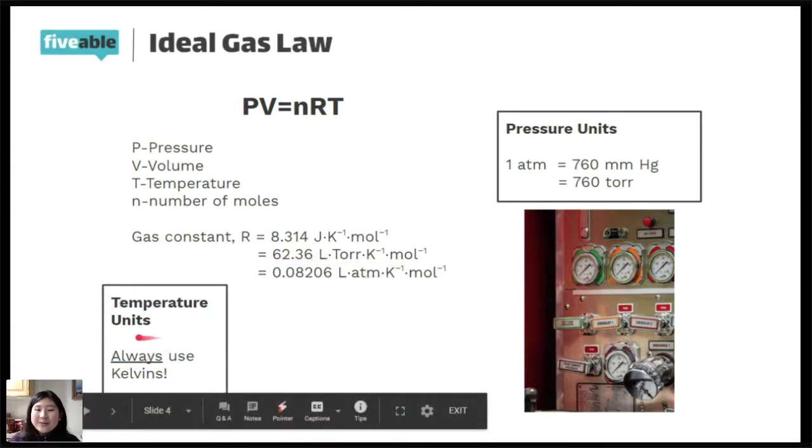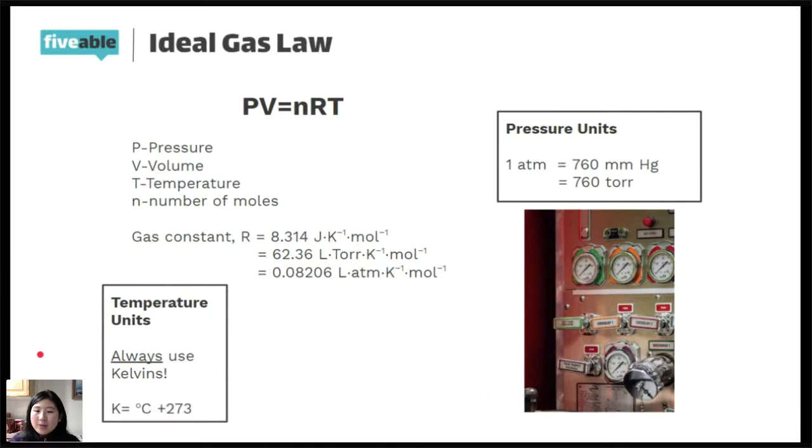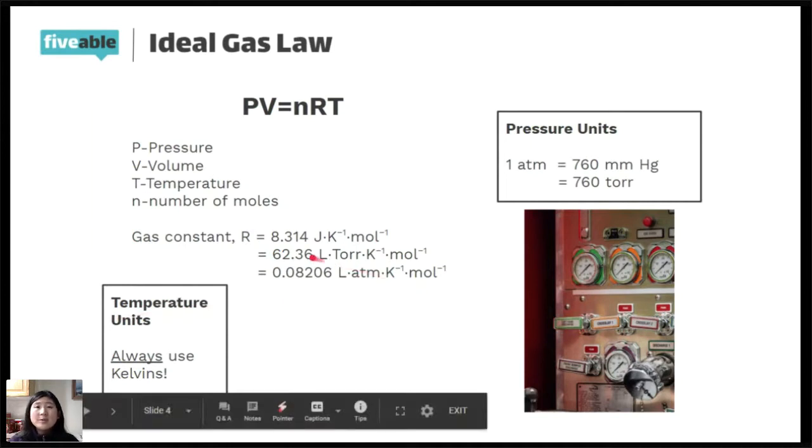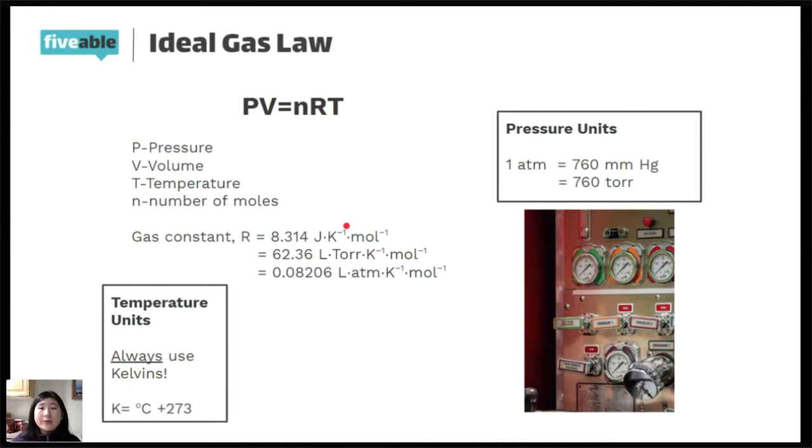It does convert, and here's the conversion: K equals Celsius plus 273, but here you always want to use kelvins. If the problem gives you Celsius or Fahrenheit, convert that to kelvins before you plug the values into the PV equals nRT equation.